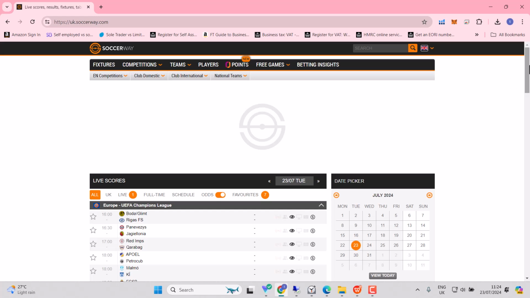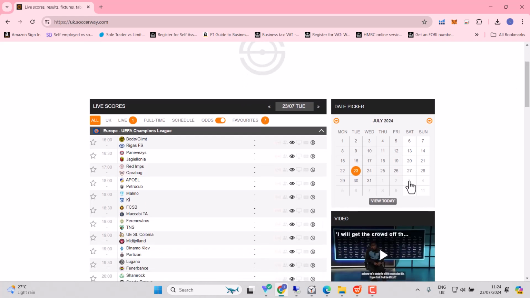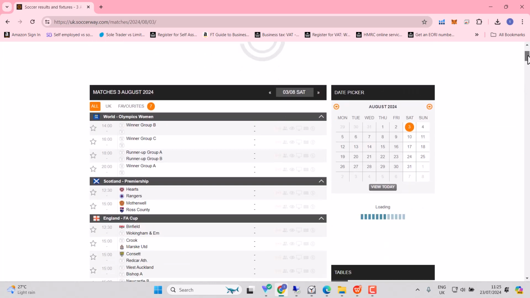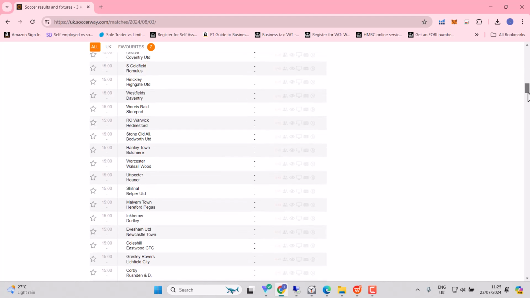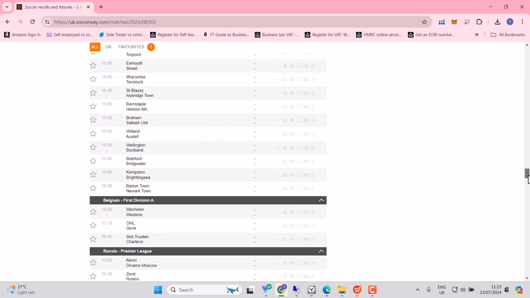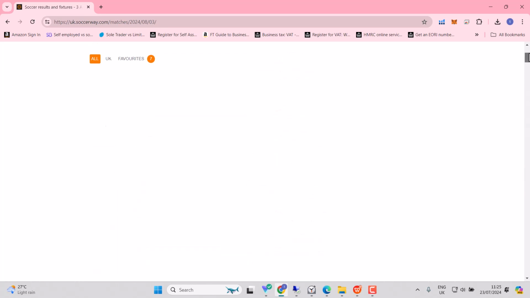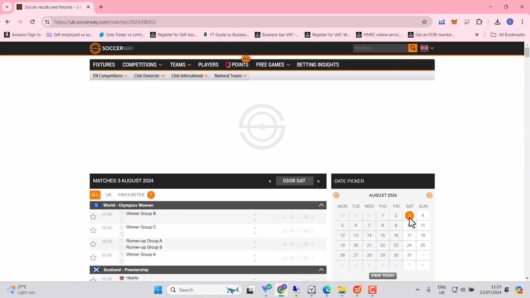You've also got a calendar here, which will show you upcoming attractions, such as the 3rd of August, where the league proper begins, the SPL, FA Cup, and a whole raft of other leagues, Russian Premier League, Italian, Belgian Jupiler League. So you can see upcoming fixtures here.